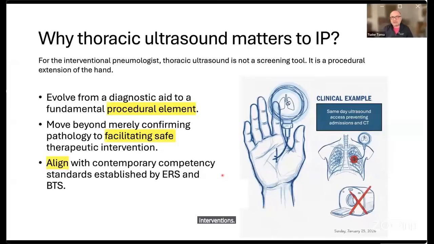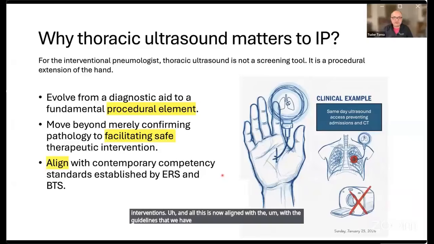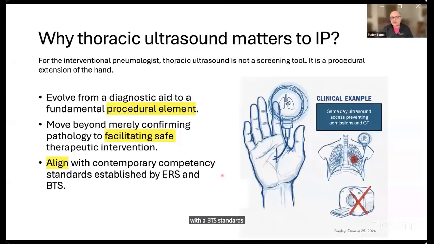And all this is now aligned with the guidelines that we have in Europe, with the European Respiratory Society guidelines, with the BTS standards. So this is where the thoracic ultrasound helps in interventional pulmonology.